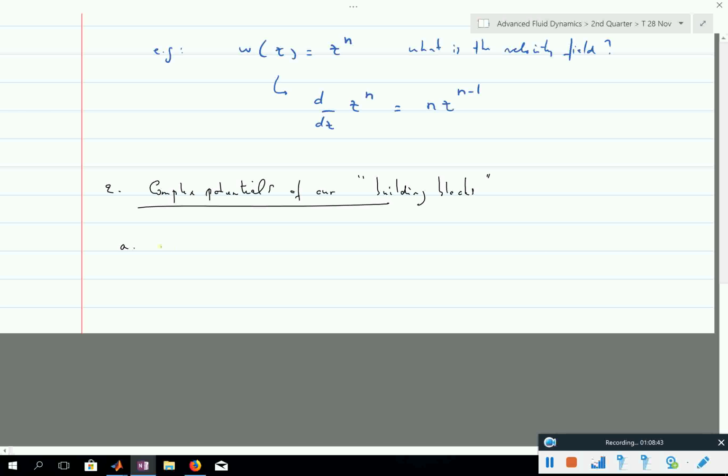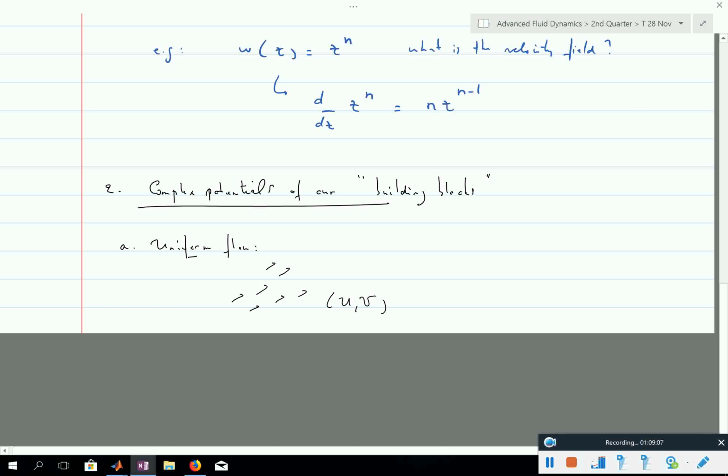Okay, so let's say that we have, so what is a uniform flow? In complex potentials, the way you will represent a uniform flow is the following. So say we're representing this uniform flow here, right? And it has components u and v.